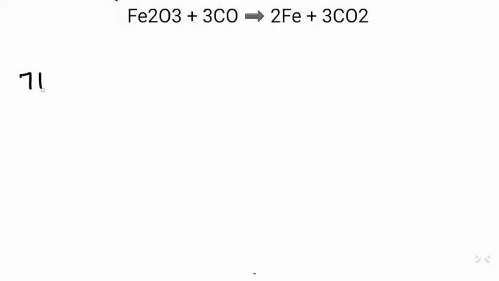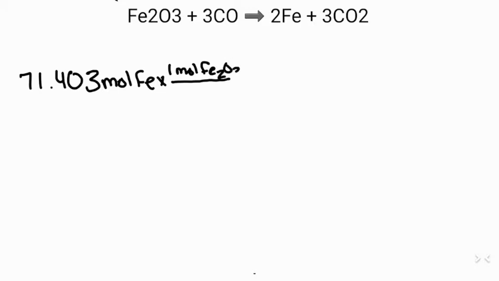Part B, how many kilograms of the excess reagent remains after the reaction has ceased? So this is going off right where we left off in part A. We are going to take our limiting reagent of moles of iron, and we are trying to find how many grams of iron oxide we have left over after.